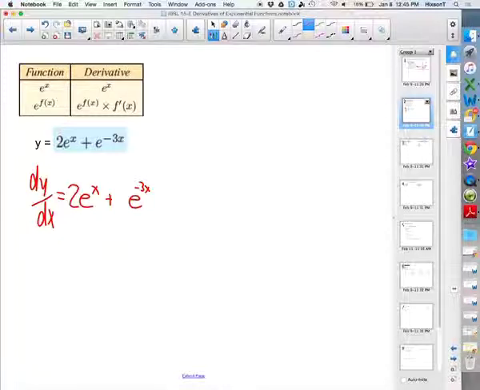But what do we have to multiply it by? Negative 3. What's the derivative of negative 3x? It's negative 3. So this is minus 3e to the negative 3x. Does that make sense?